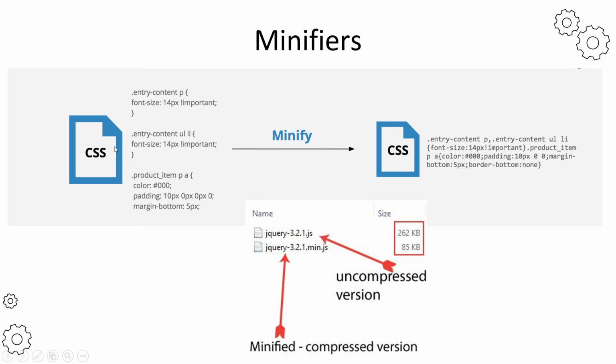So as you can see on the left hand side, we have a normal CSS file. We would usually structure your code so that it is easy for humans to read, right? But it's not necessary for the computer. That's why we can minify it to be like the one on the right hand side. There is no space, no blank lines. So it's difficult to read, but it's enough for the computer, right?